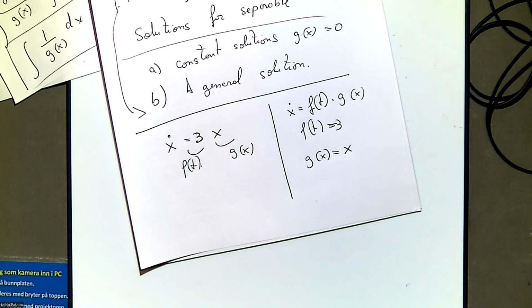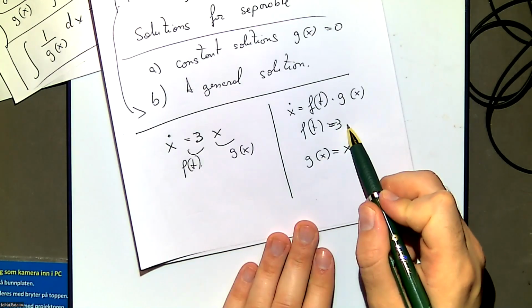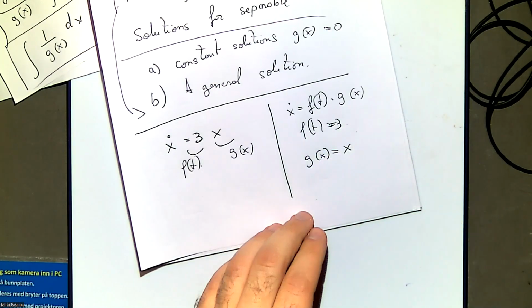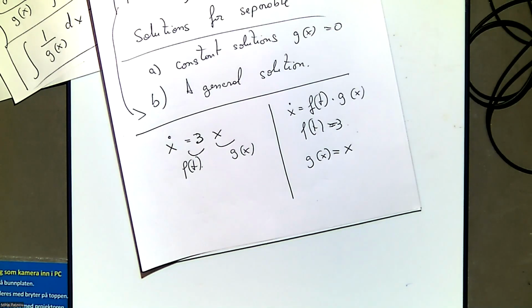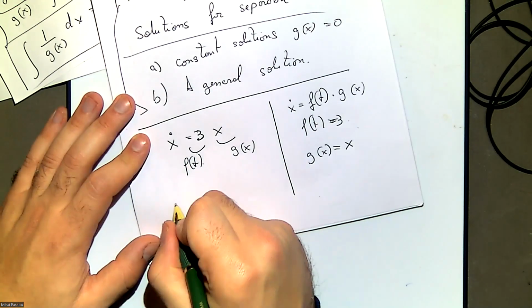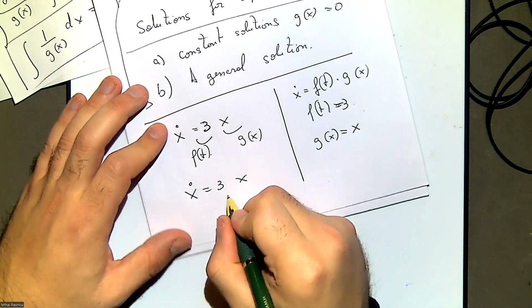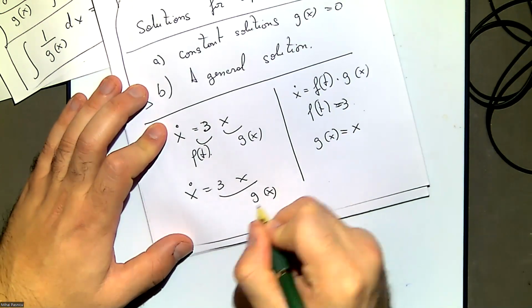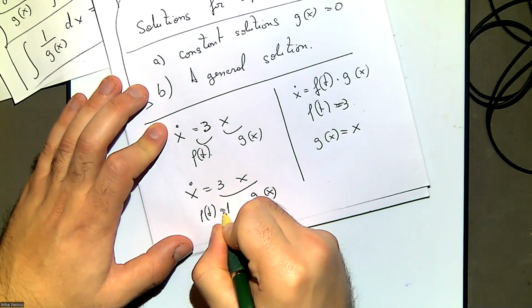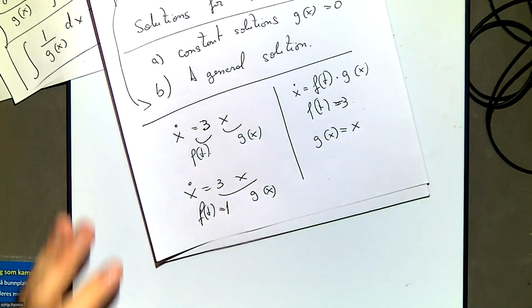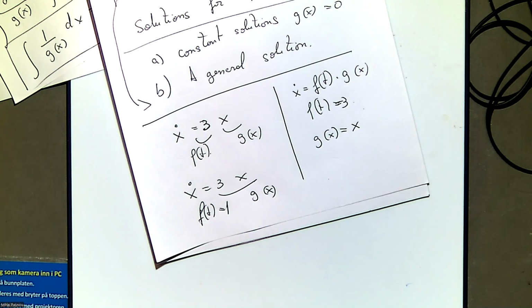Now, one important thing that I can tell you right now is if your identification here is correct, in the sense that there are no x's in f of t and there are no t's in g of x, then you're good. So for example, in this case, I could have just said that this thing is g of x and f of t is equal to 1. So this identification is correct as well.